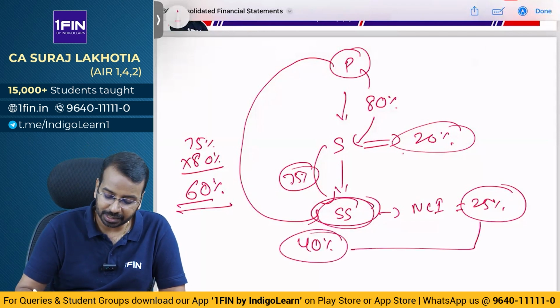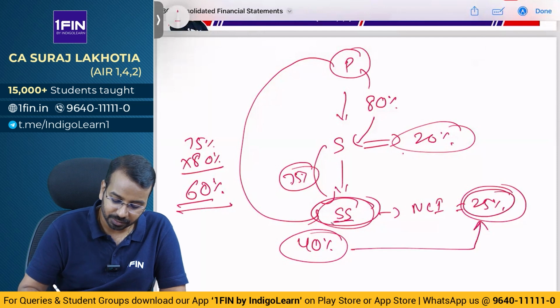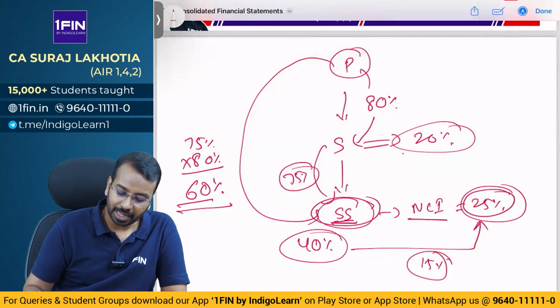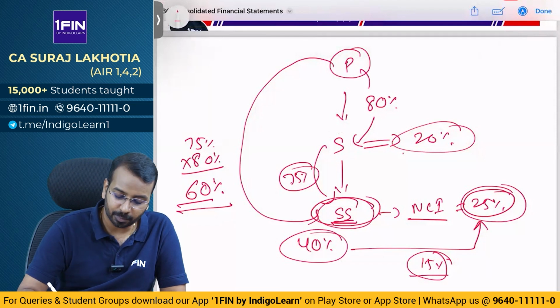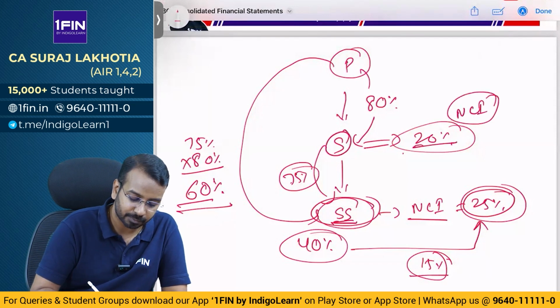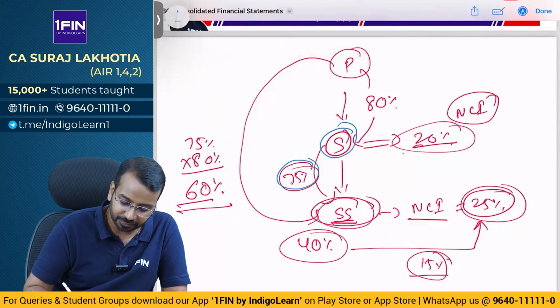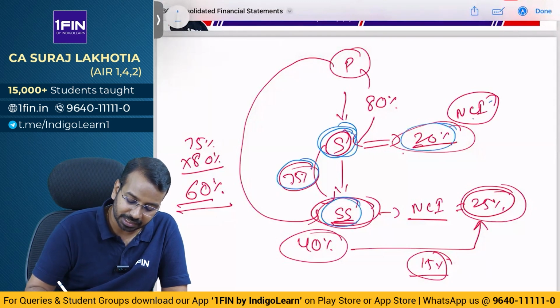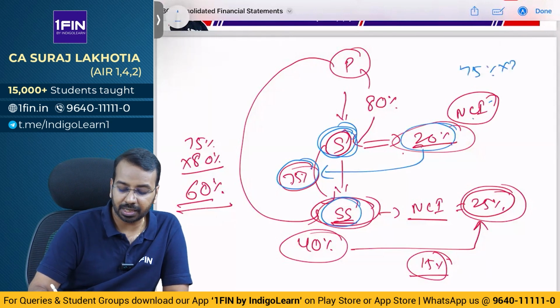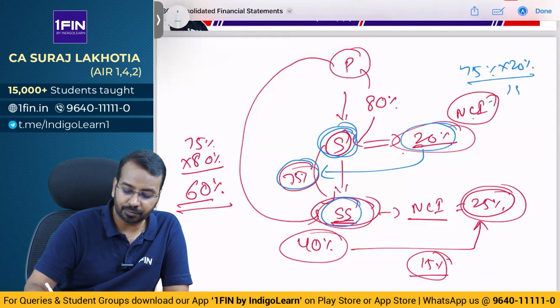Out of this 40%, 25% is held by SS's NCI, and the remaining 15% is held by the NCI who hold 20% in S. Because S holds 75% in SS, and S has 20% of NCI, so NCI would say out of the 75%, 20% is ours. So NCI has 75% into 20%, they have 15%.